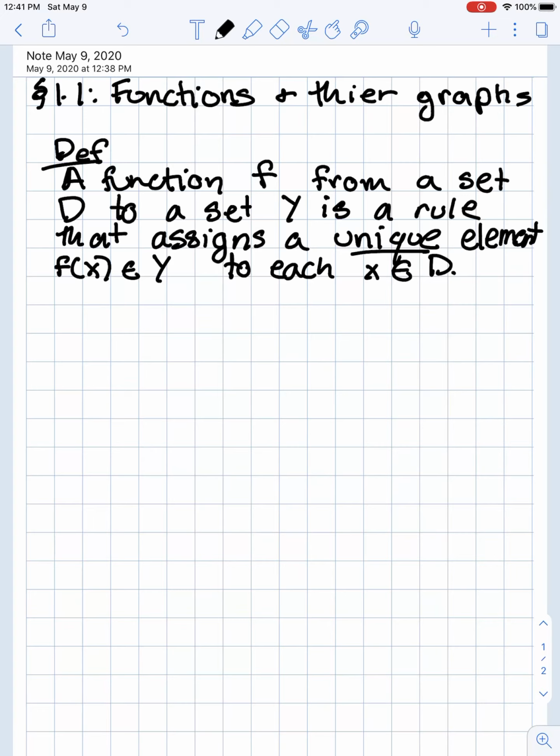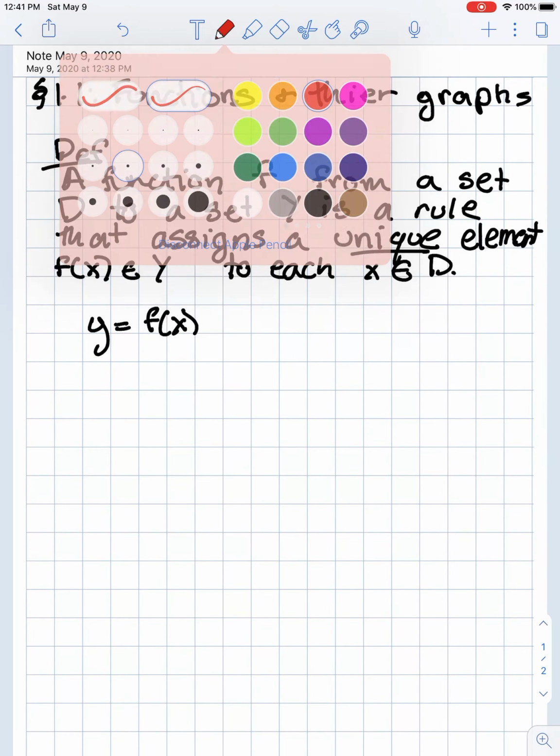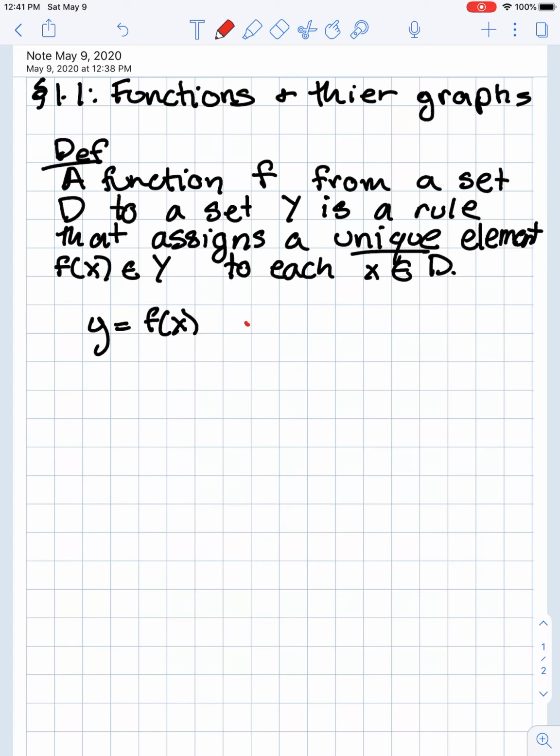So usually we write this as y equals f of x.